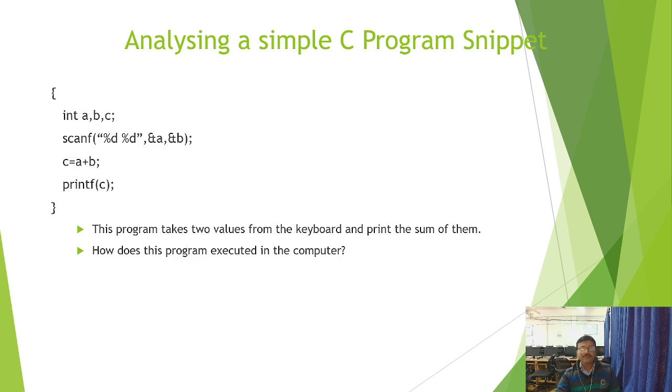So this is the simplest program by which we are taking some values through the keyboard. This is an interface to the computer system, and we are producing the output to the console. That means using the VDU we are providing the output to the user.